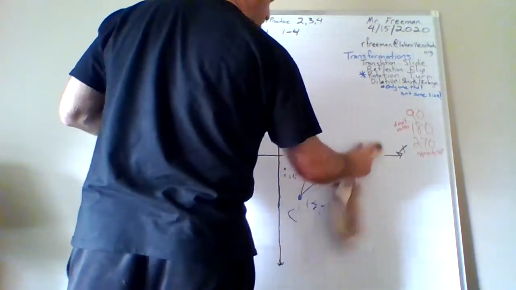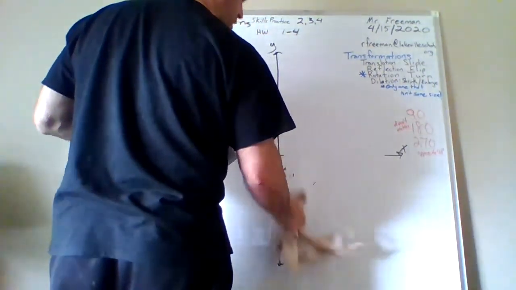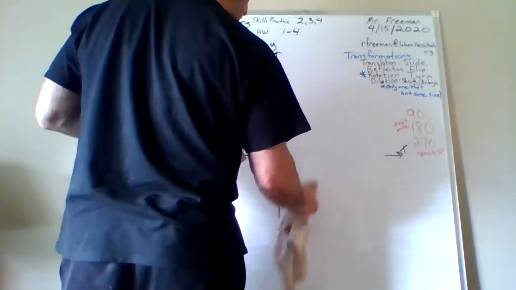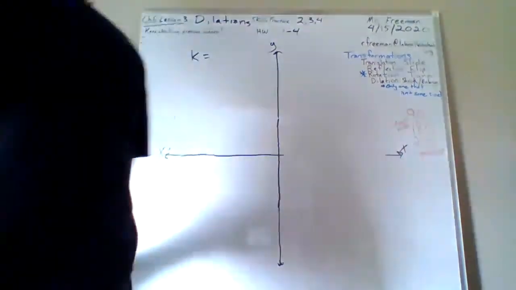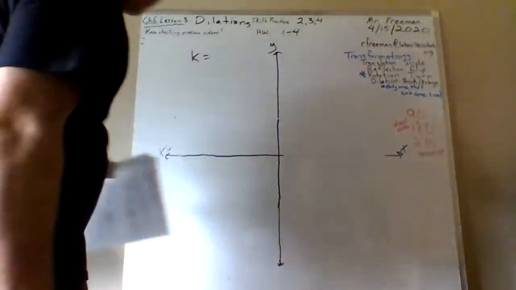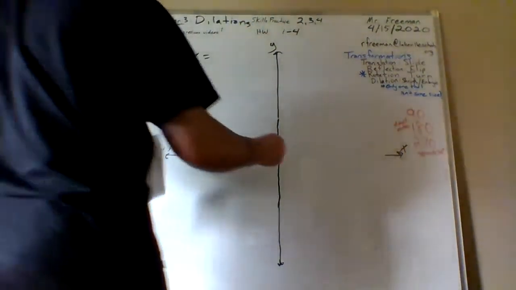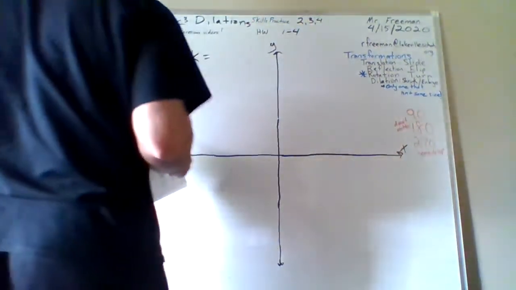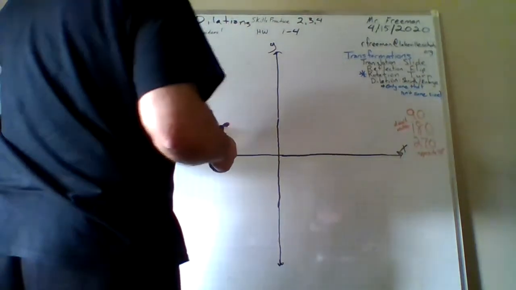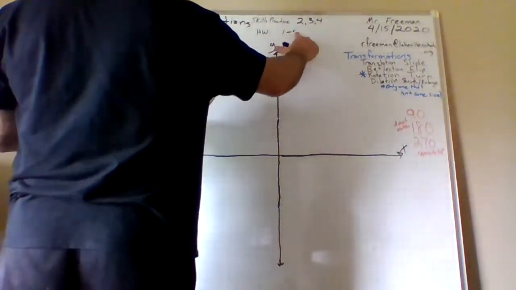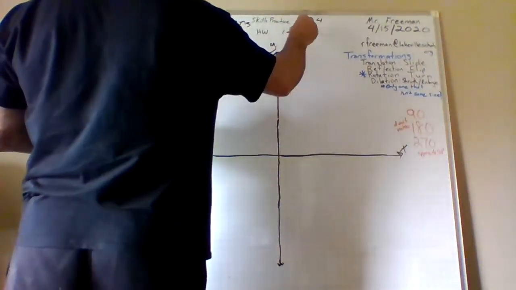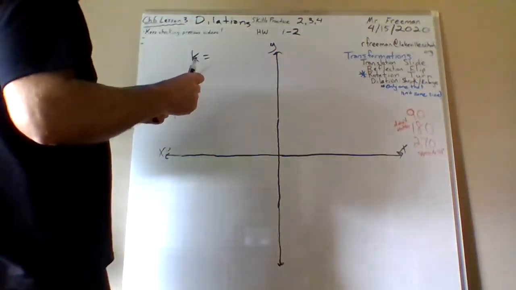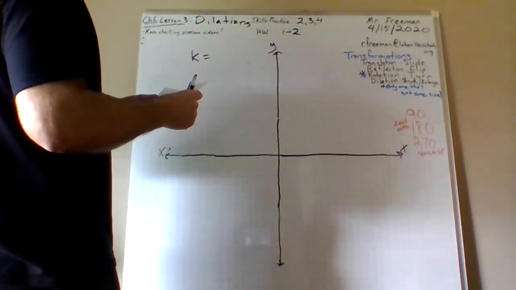Take a minute, stop your video if need be, catch up, get that triangle taken care of while I redraw. Get my axes back up here. I'm just going to do 1 to 2. And number 1, my S is at -2, 1.